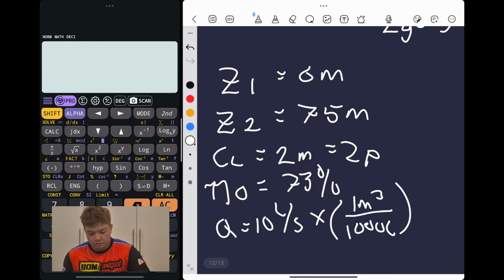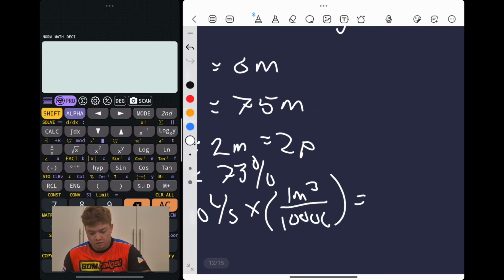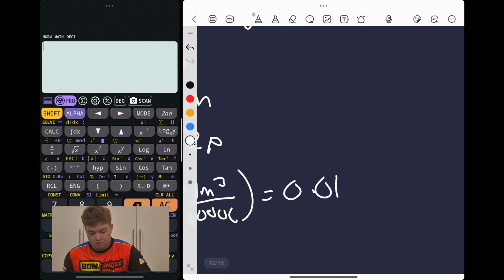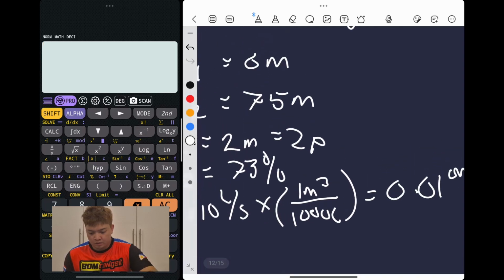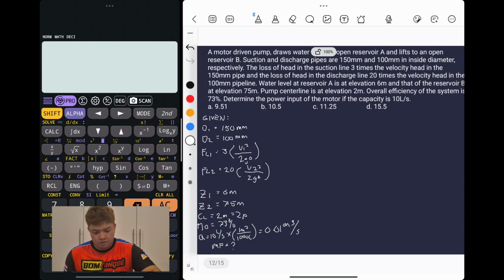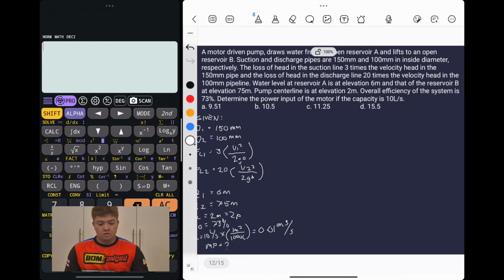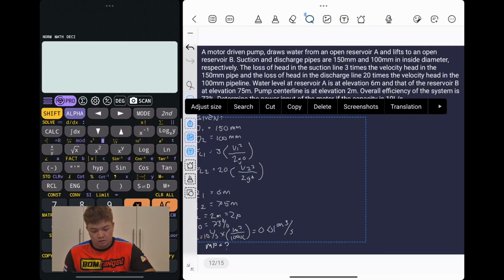Conversion: 1,000 liter is equals to 0.01 cubic meter per second. So ang hinanap natin is the power input. Ayan, screenshot nyo muna guys. Okay, delete ko na cache.